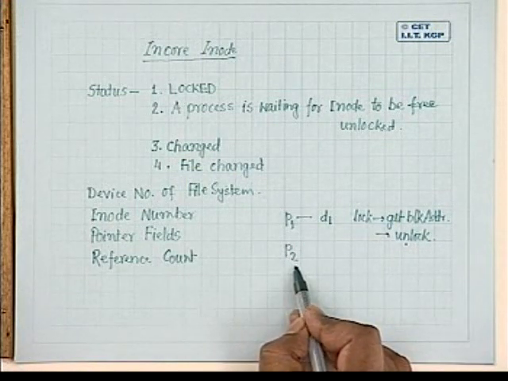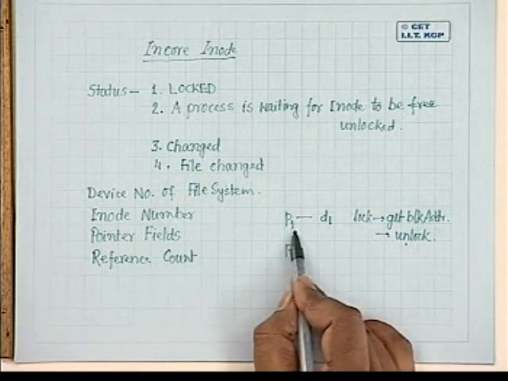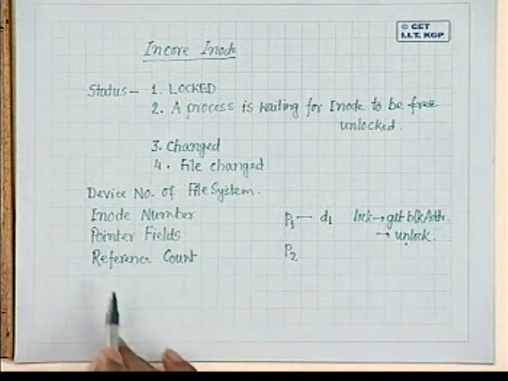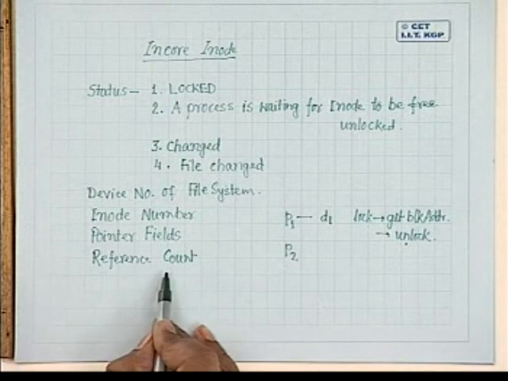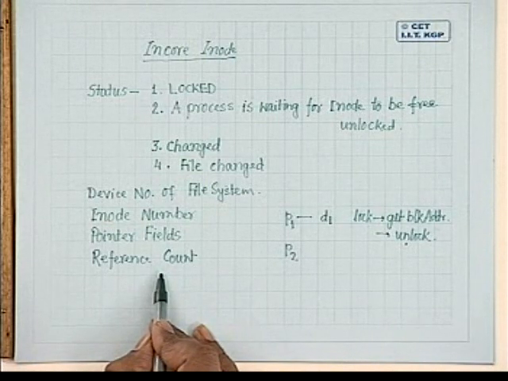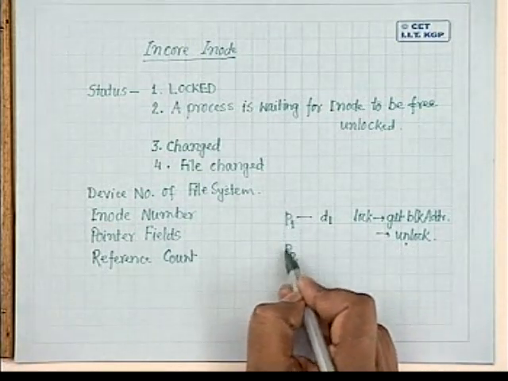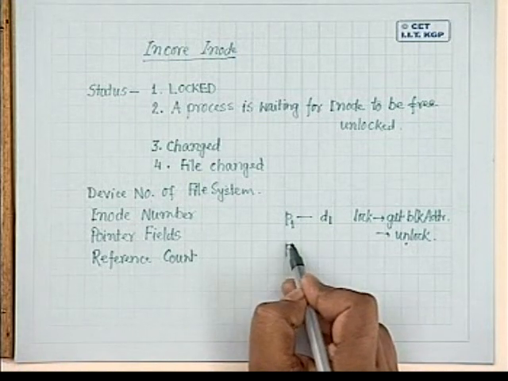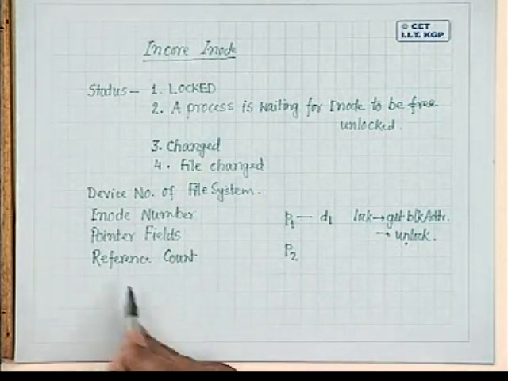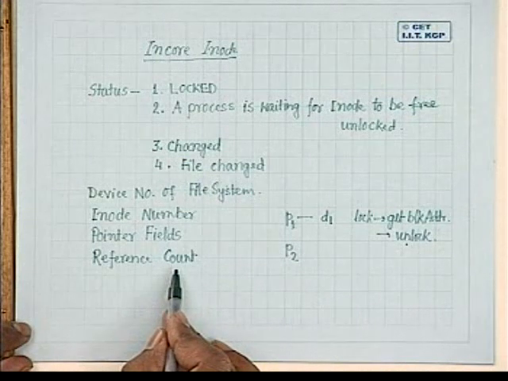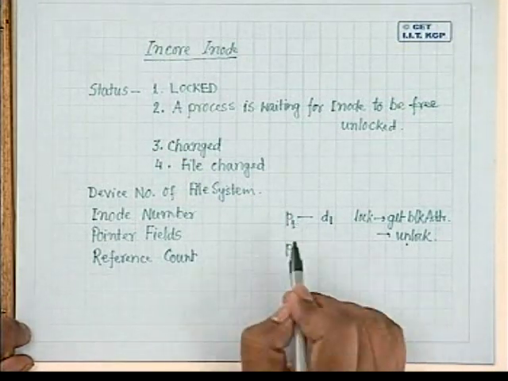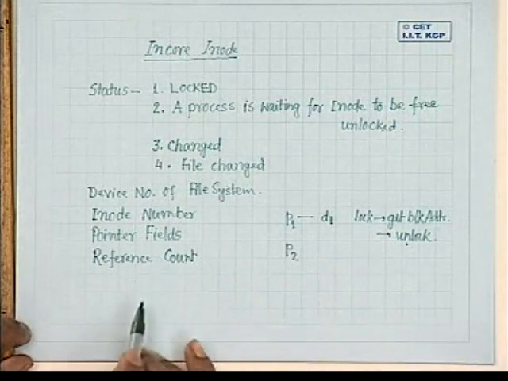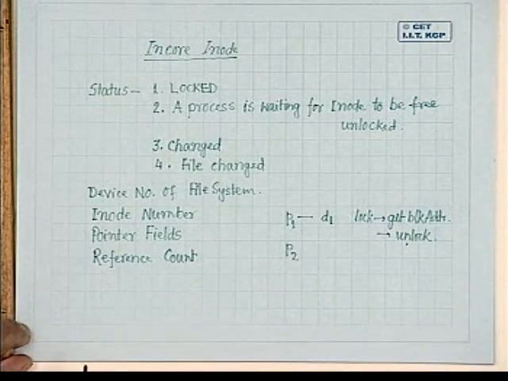Similar with process P2. Only when process P1 closes the file will the reference count be decremented by 1. Otherwise, the reference count is not touched. So if these are the two processes, P1 and P2, for which a particular inode is active, then the corresponding reference count field will be equal to 2. Once process P1 closes the file, the reference count field will be decremented by 1, so now it will be 1.